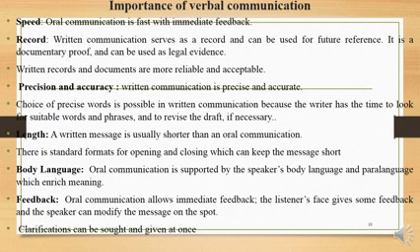Choice of precise words is possible in written communication because the writer has the time to look for suitable words and phrases and to revise the draft if necessary. In terms of length, a written message is usually shorter than an oral communication. There is a standard format for opening and closing which can keep the message short.